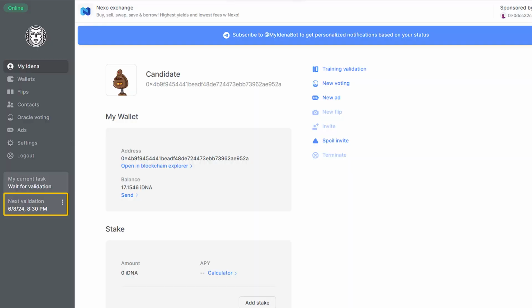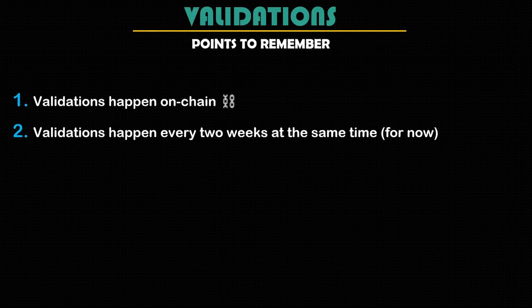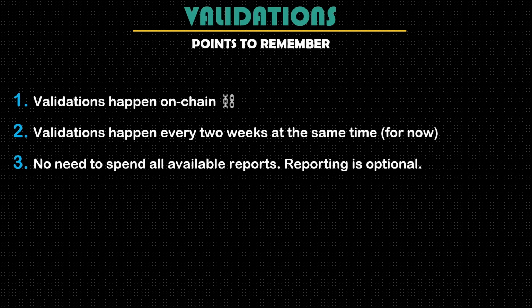Since validation happens at the same time for everyone in the world, people in different time zones have different clock times displayed. Number 3, one major difference is that during real on-chain validation, you are not required to spend all of your available reports. Flips used for the training belong to a fixed database of flips used solely for practice.